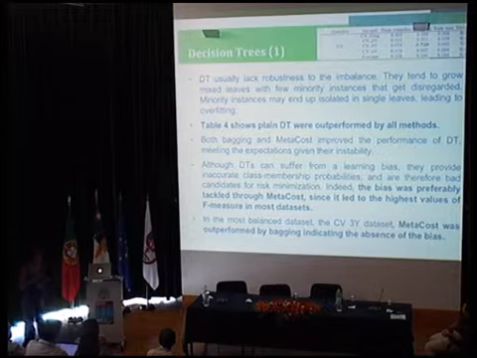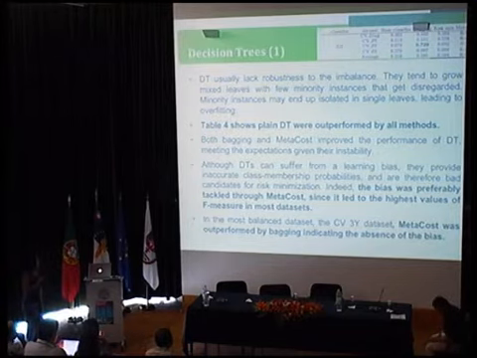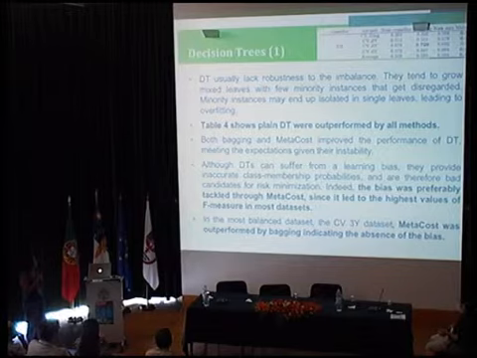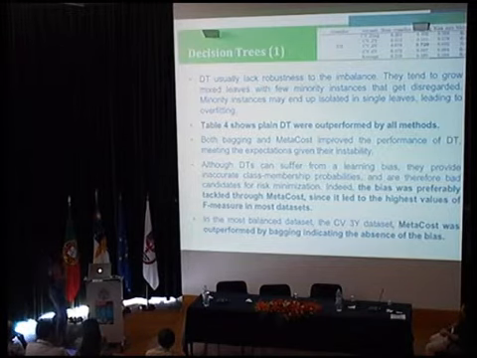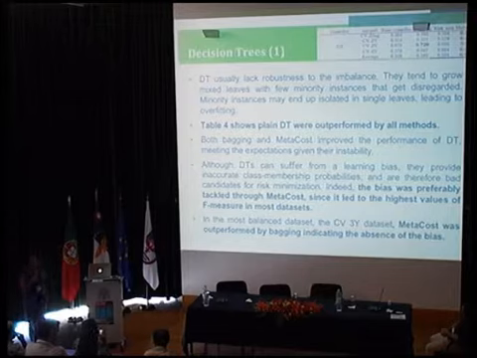So basically, what happens here is that, as you can see in the table, which is just a small part of the larger table above, plain decision trees, that is, decision trees without the cost methods, were outperformed by all our methods.